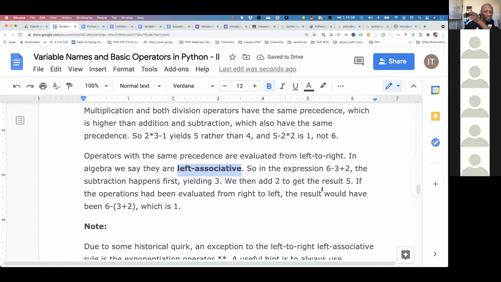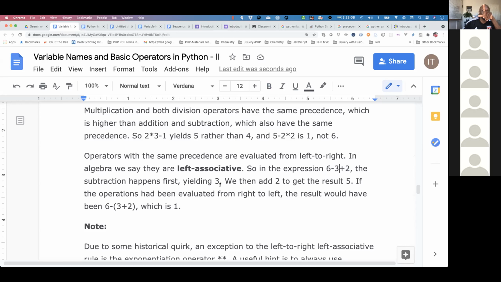So in the expression, 6 minus 3 plus 2, we basically get 5. We start from 6, subtract 3 from it, we get 3. 3, we add to that, it's going to be 5. The subtraction happens first, which is going to be 3.